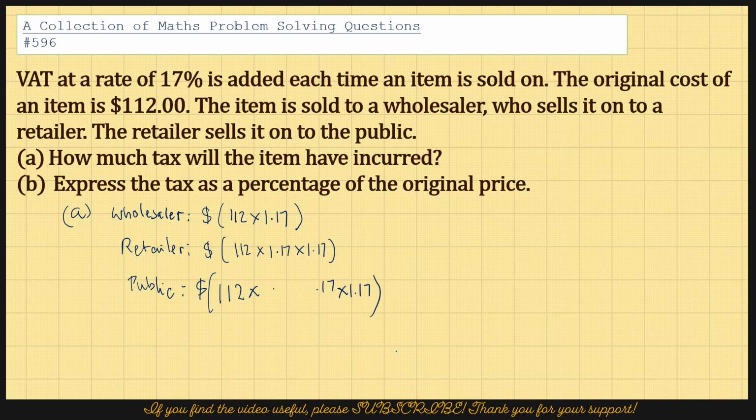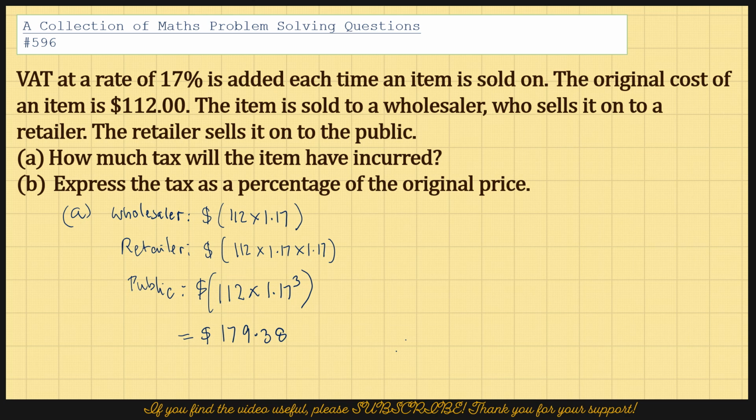So the public will have to pay 112 times 1.17 cubed, and that would be 179.38. So that is the amount of money the public is paying.